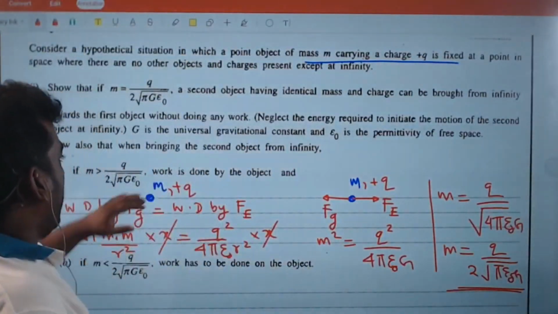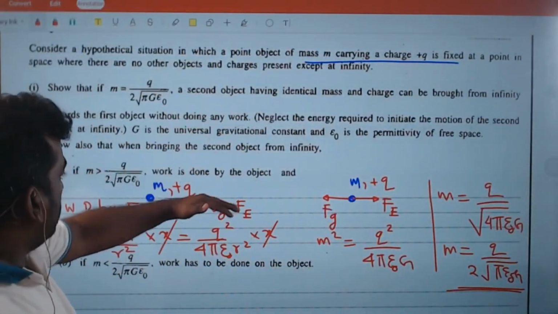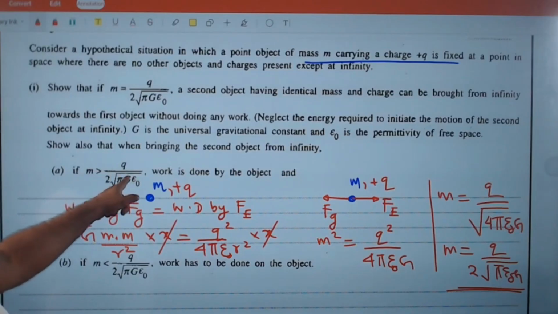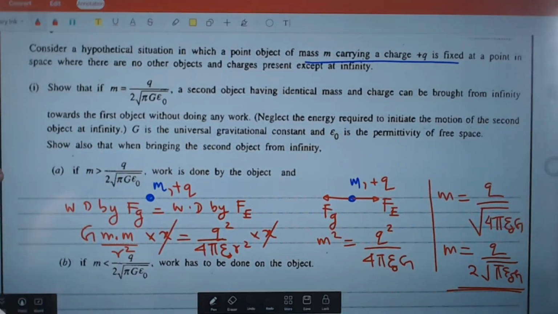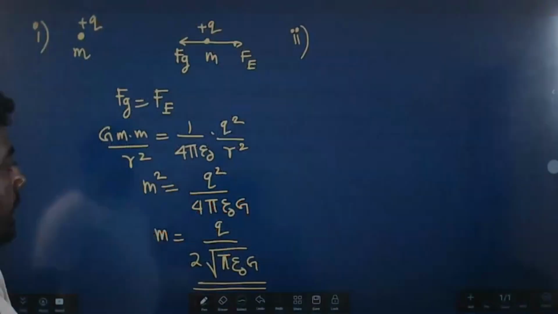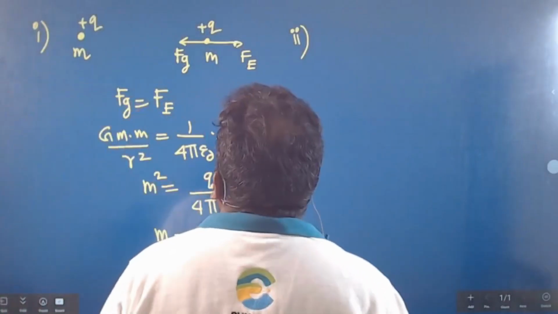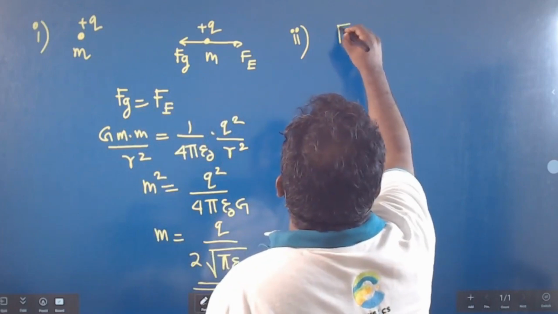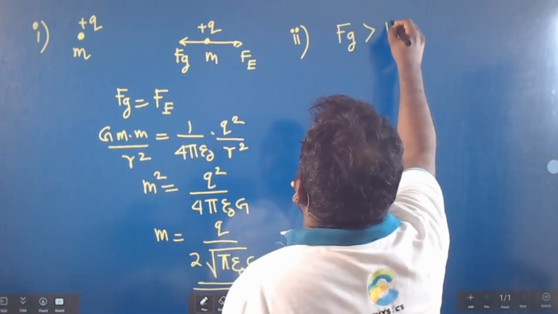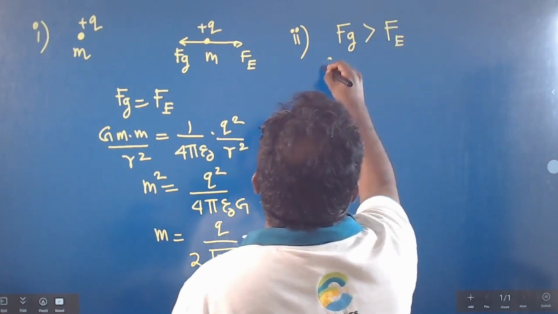Next part. Now I did it here. This part I did it here, but I'll do this also. M is larger than this value, work is done by the object. Let's see. Now if M is larger, it means gravitational force is greater than the electric force.